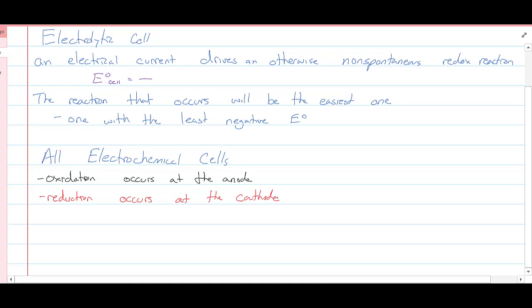So that's every electrochemical cell, whether it's a voltaic cell or electrolytic cell.